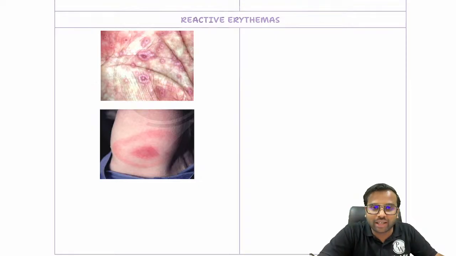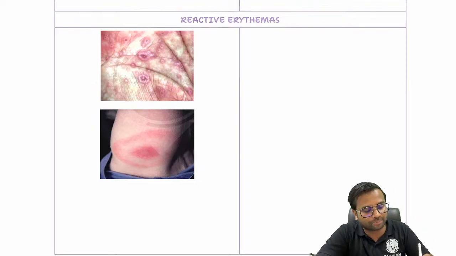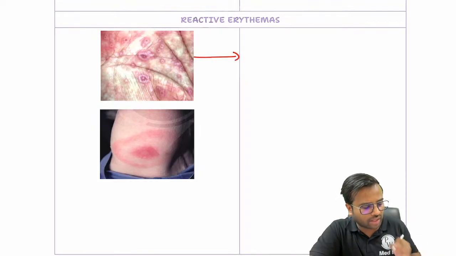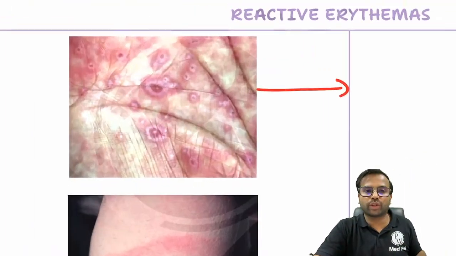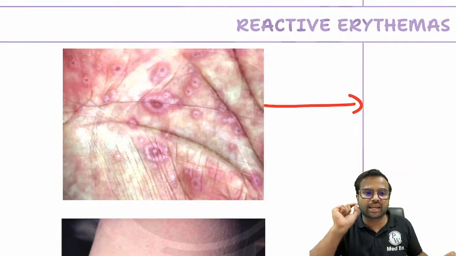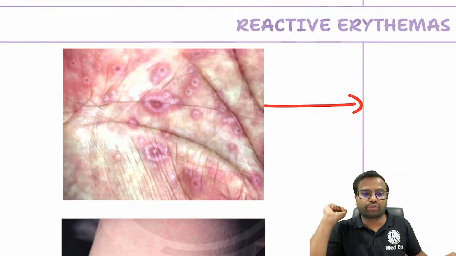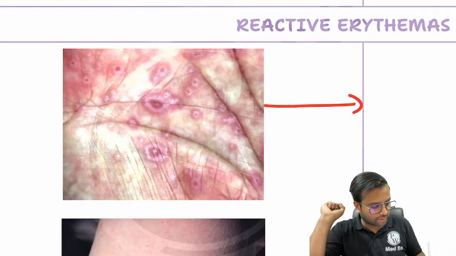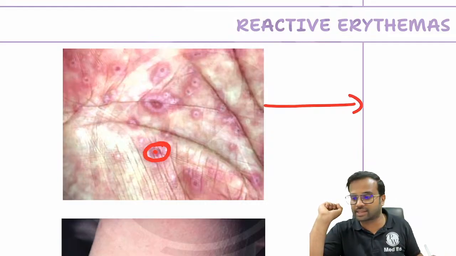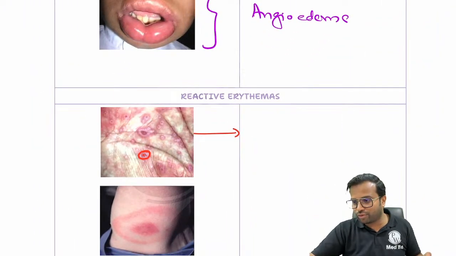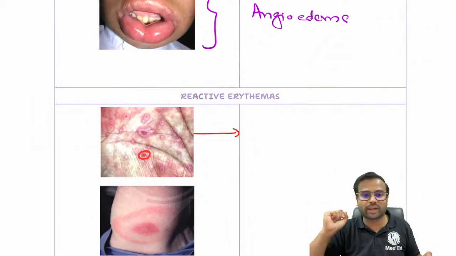Let us also learn different types of erythemas. Okay, it's not learning, let us revise now. Now, we'll label these images one by one. The first one, when you see this, does any single erythema come to your mind? For me, there is something in the center and there is an erythema like this. What is it? Very good. So I'll give a few more seconds for others also to answer.